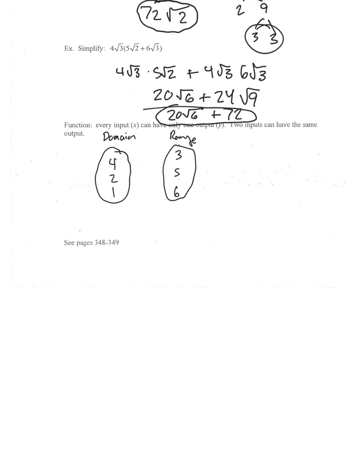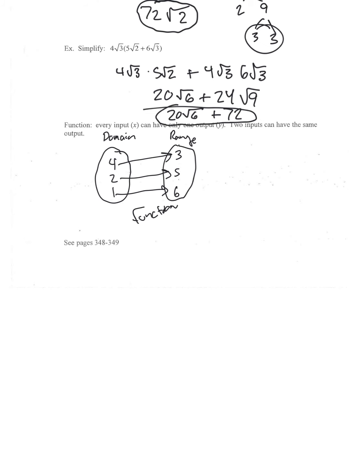Because we know that the domain goes with the x inputs, and the range corresponds to the y. So this is an example of a function, because for each of these inputs, there is one unique output for each of them.